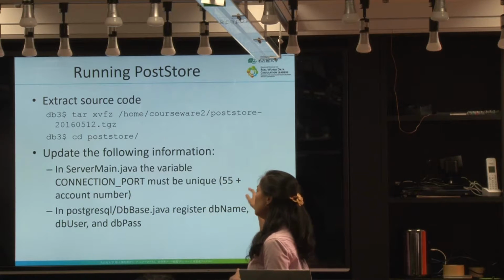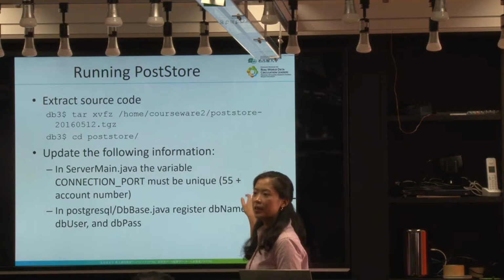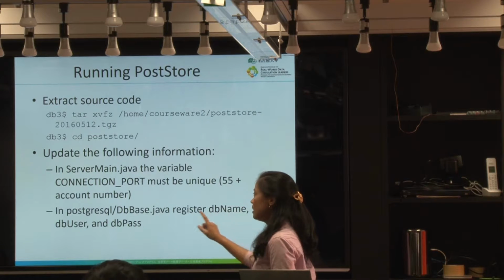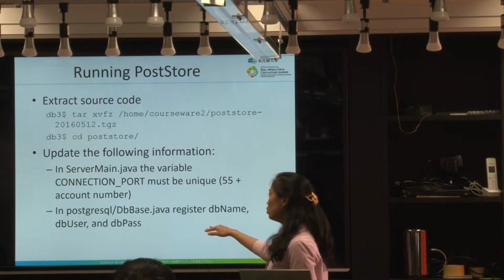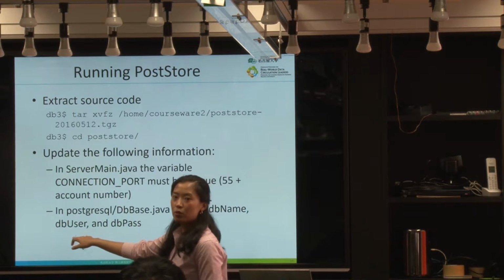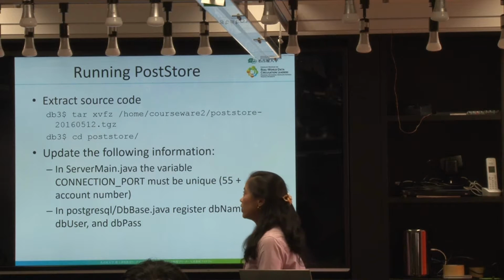Please change it to 55 plus any number. So this will be your unique number, so please remember this. And in dbbase.java, we have to register db name, which is courseware, db user, which is courseware, and db password, which is the one on the whiteboard.